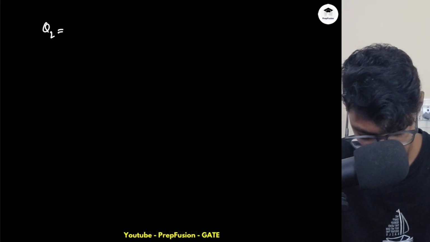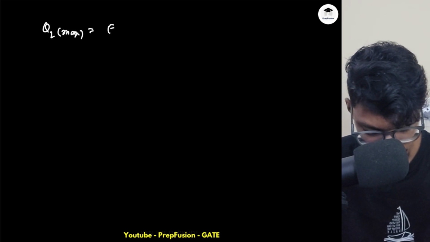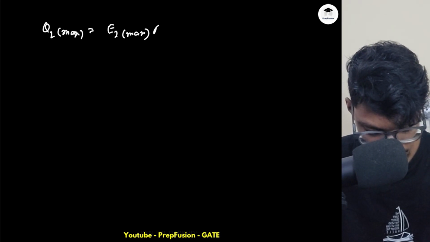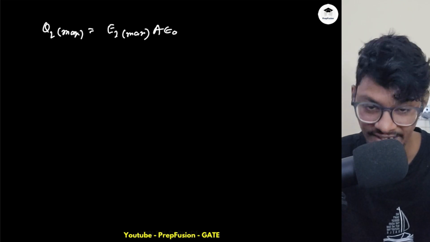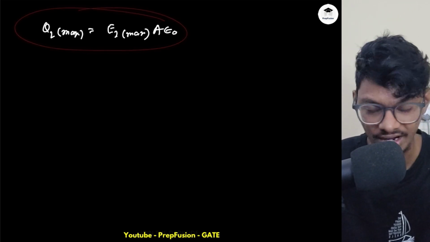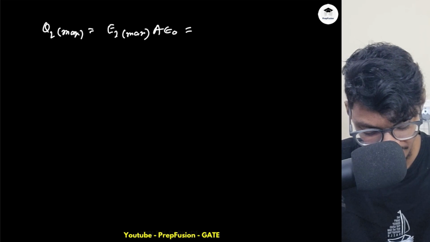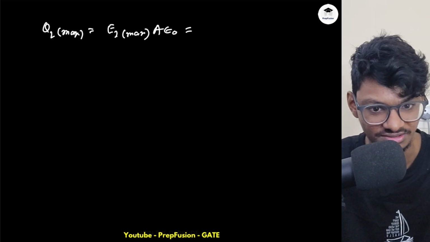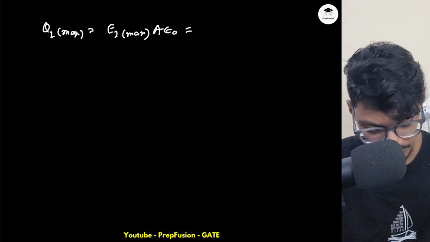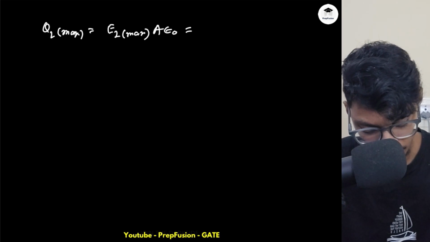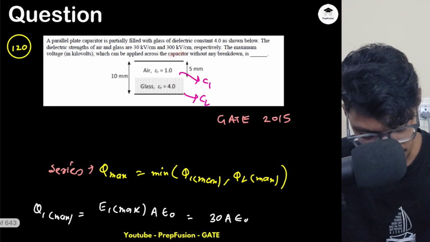Q2 max is E2 max into A into epsilon naught. Now you don't tell me at the last lecture how I got this formula. Don't tell me that, okay? I didn't see this formula, so don't tell me that. So E2 max into A epsilon naught. What is E2 max? They have given me 300 kilovolt.